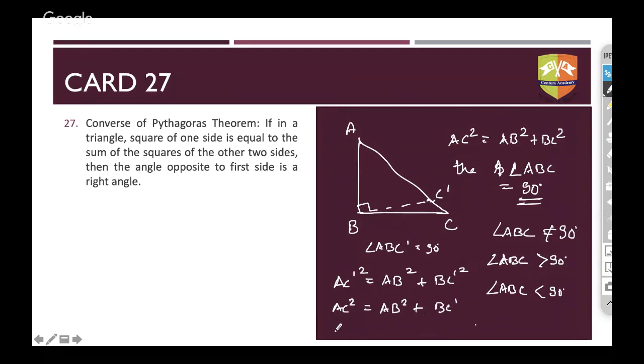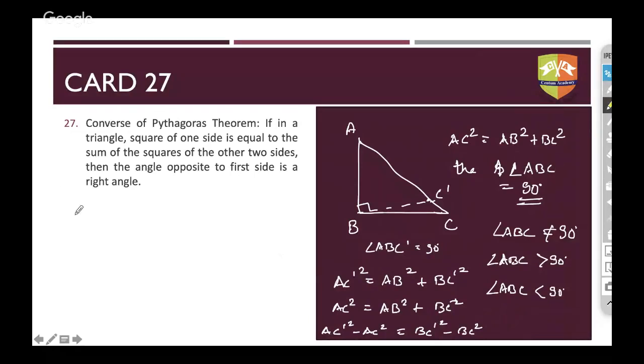Okay, and then you subtract both. You will get AC dash square minus AC square is equal to BC dash square minus BC square. Okay, and then from here I'll use this.